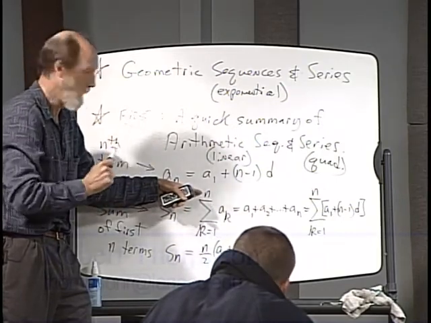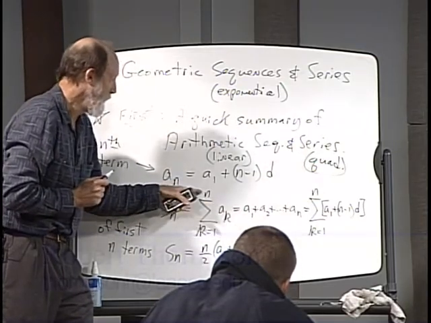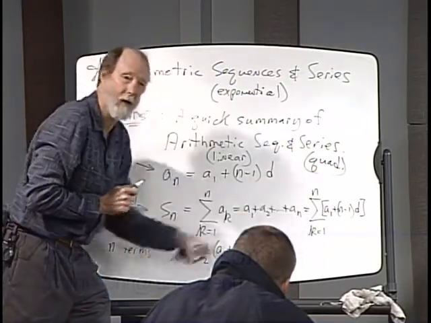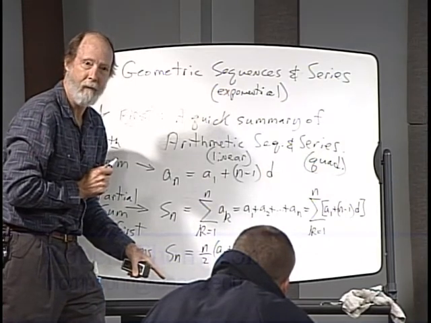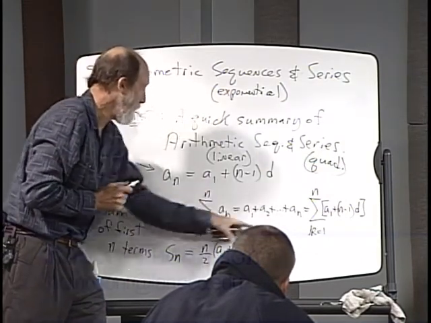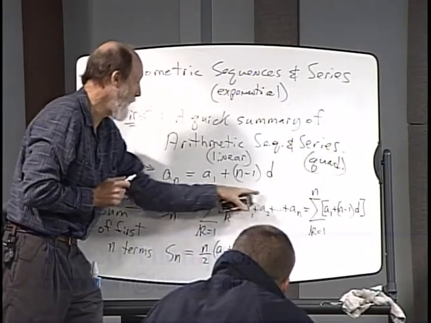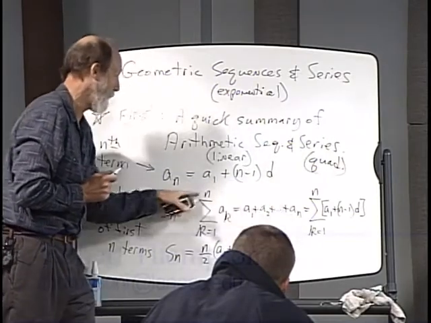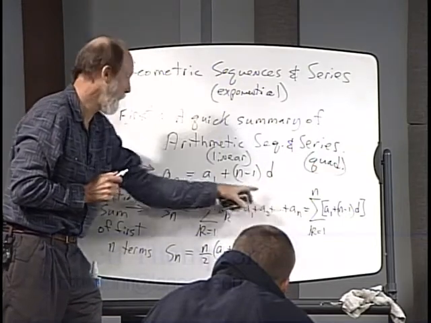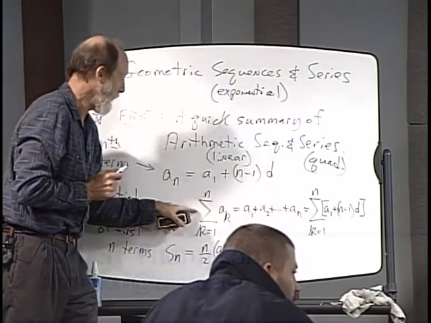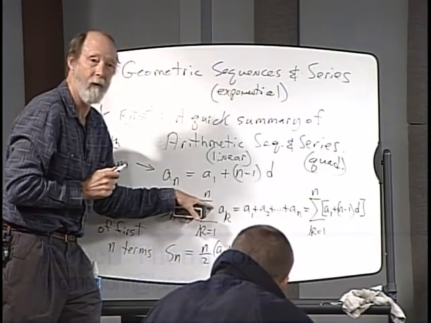If you had 12 here, you'd have 12 terms being added together. Is that clear to everybody? This is general. It pertains to any type of sequence you're forming a series with, where you're adding that group of terms together.